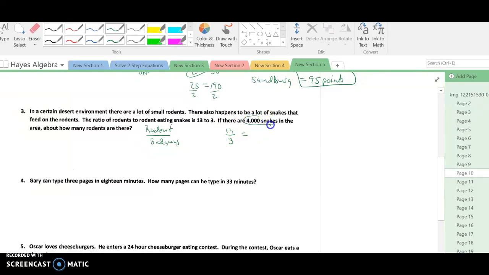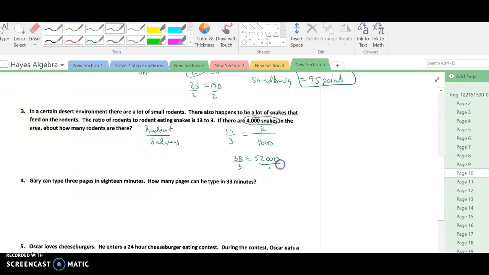If there are about 4,000 snakes, remember, the snakes is in the bottom, so you have 4,000 snakes. How many rodents are there? We don't know the number of rodents. So 3R equals 4,000 times 13, which gives you 52,000.